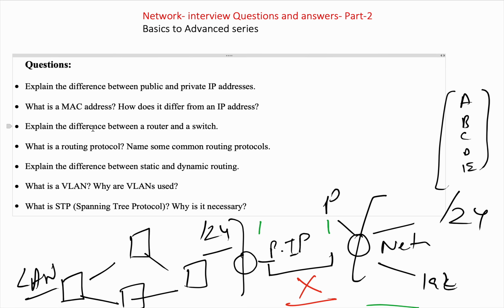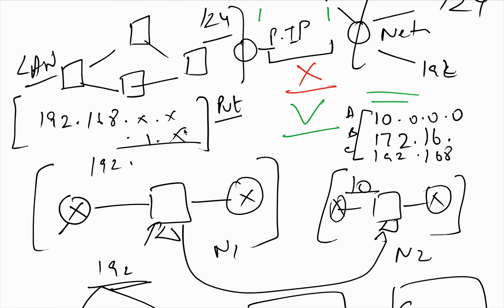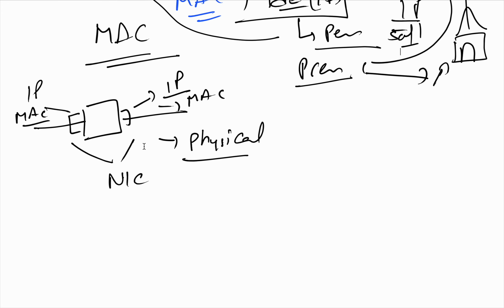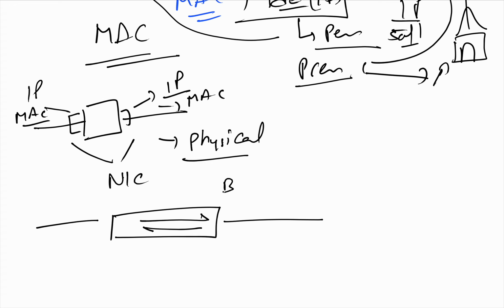Okay. Then you have: what is the difference between a router and a switch? Well, this is basic, but even experienced folks sometimes will not answer this correctly. So consider this as a switch. A switch you can call a broadcasting domain. Why do we call it a broadcasting domain?